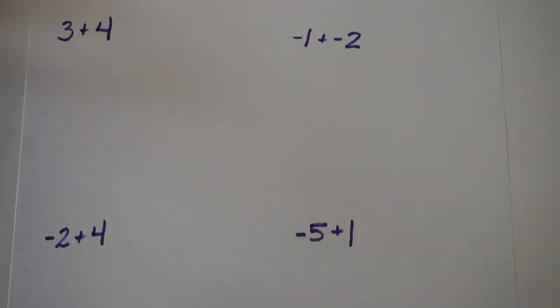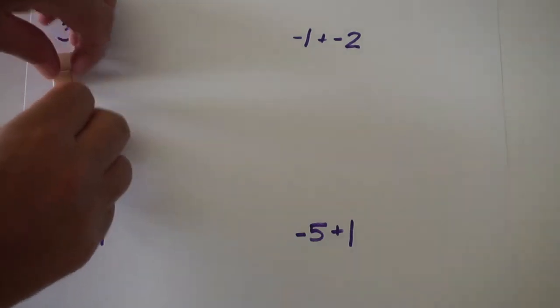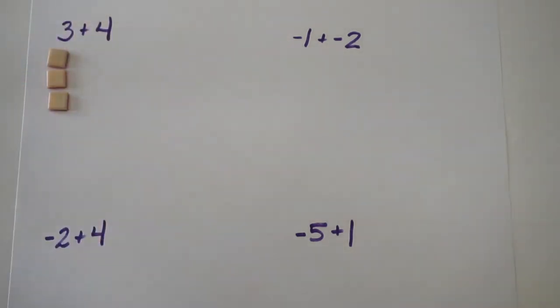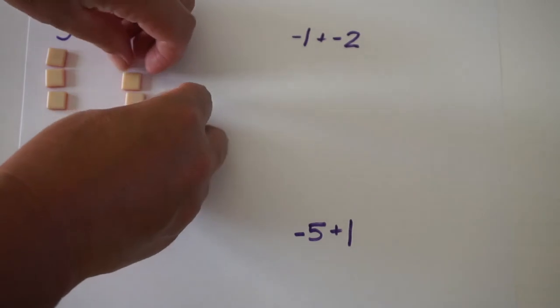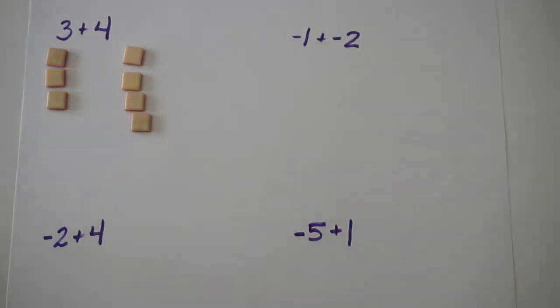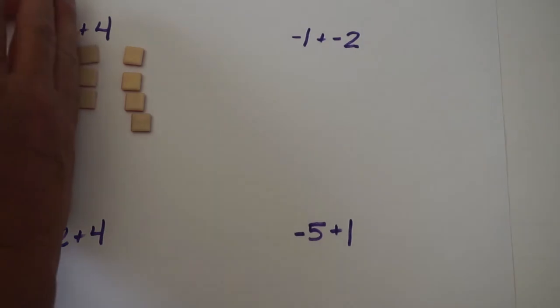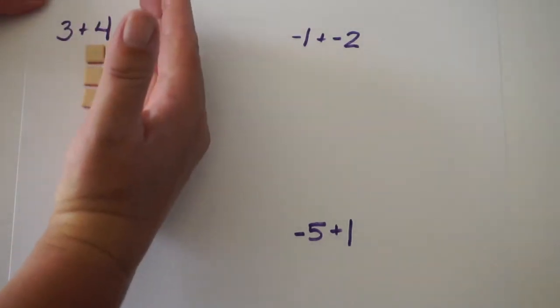The way it works is that for each addend, you create a set representing that addend. So this is 3. I have 1, 2, 3. And then we also have 4. So I create a set representing that number, a set of 3 and a set of 4. Addition is push together. So we take these two sets and we push them together.